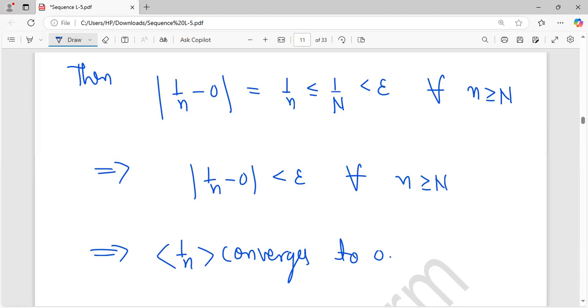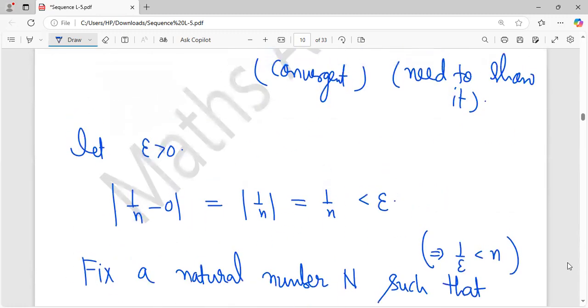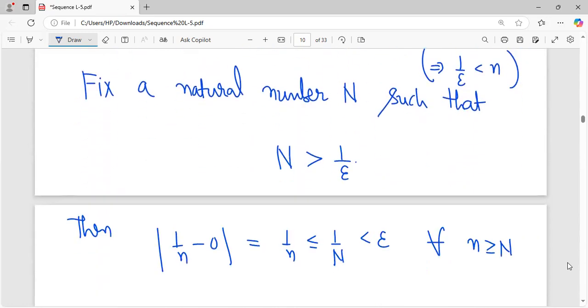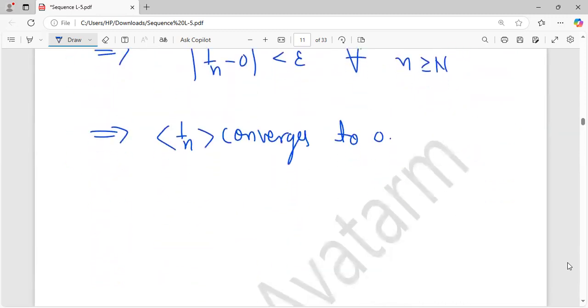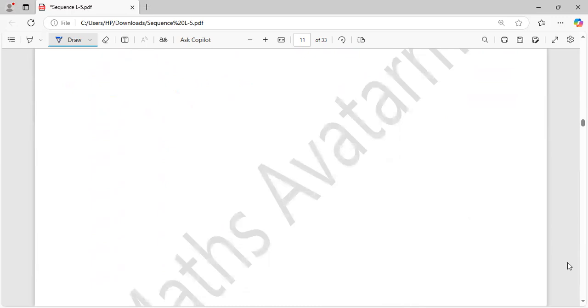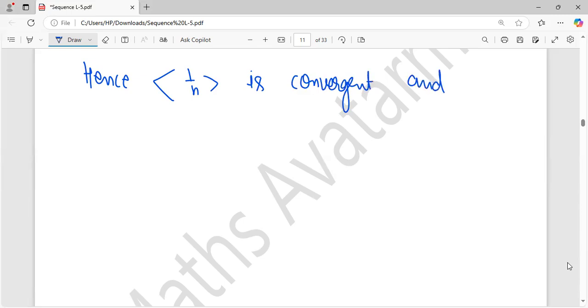Hence the sequence 1 upon n is convergent and the limit of this sequence is 0. Okay. Now we are going to see another example.